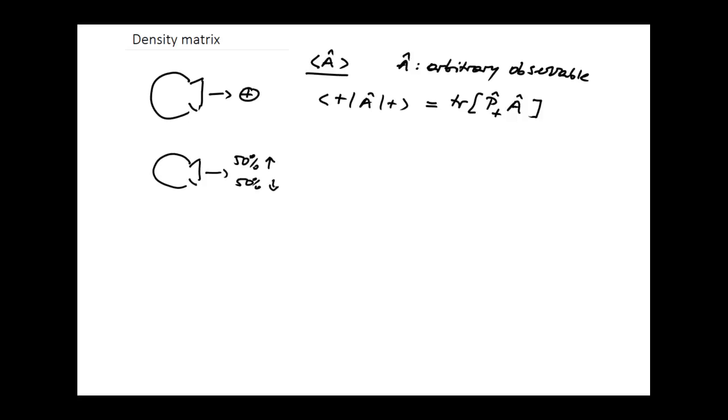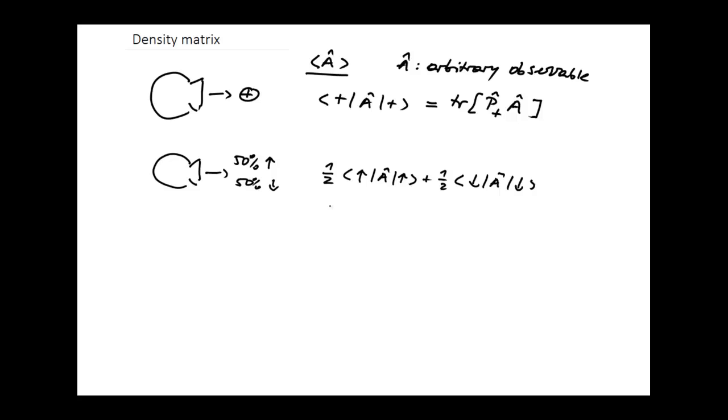In the second scenario, where I have 50% up and 50% down, how do I calculate the expectation value of an arbitrary observable A? I take the weighted average. I calculate the expectation value in the spin-up state and the expectation value in the spin-down state, and I take the weighted average of the two with corresponding weights 50%.